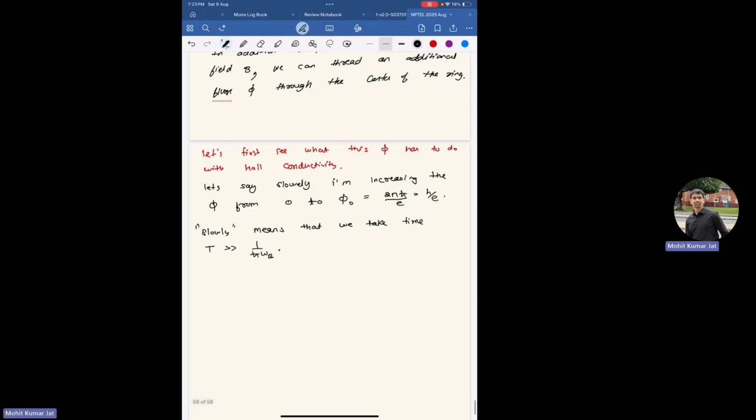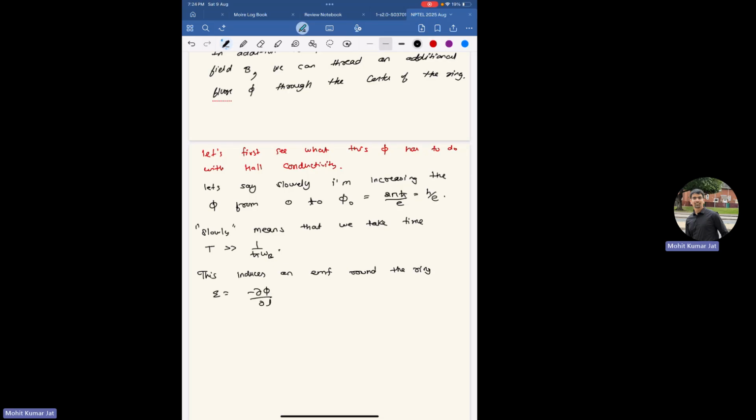And what will be the consequence of it? The changing flux will induce an EMF, right? From Faraday's law, we know this induces an EMF around the ring. And what will be the EMF?